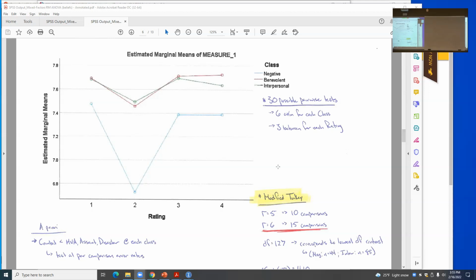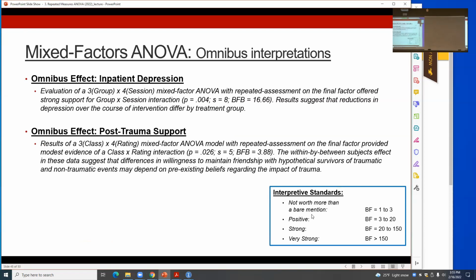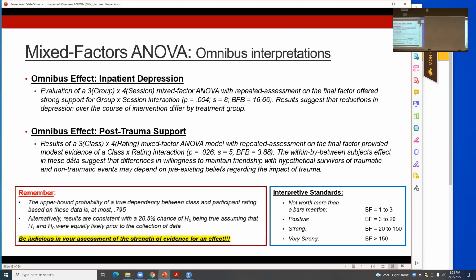So the question is, how do we go about talking about this? For the omnibus effect, we say the results of a 3x4 mixed factor ANOVA provide modest evidence of a class by rating interaction.